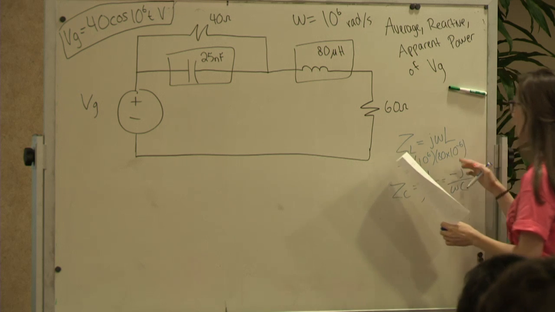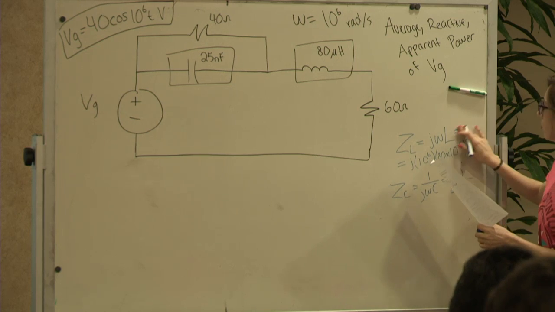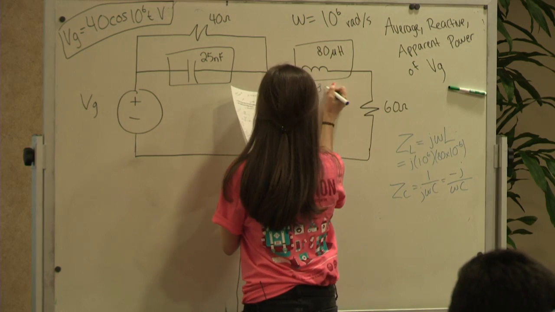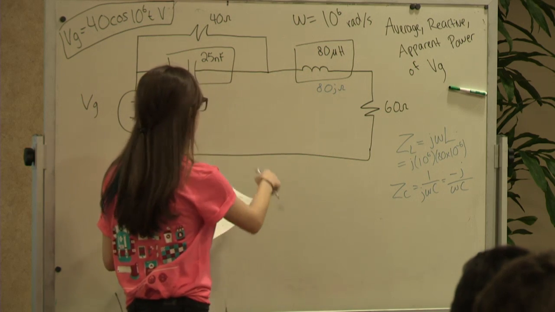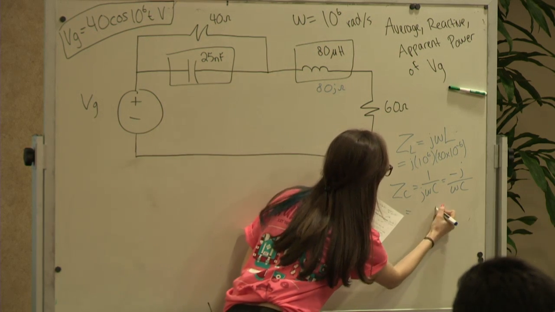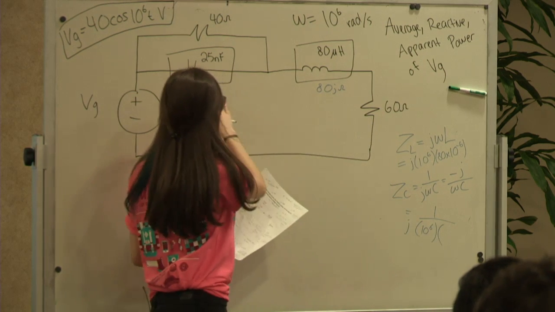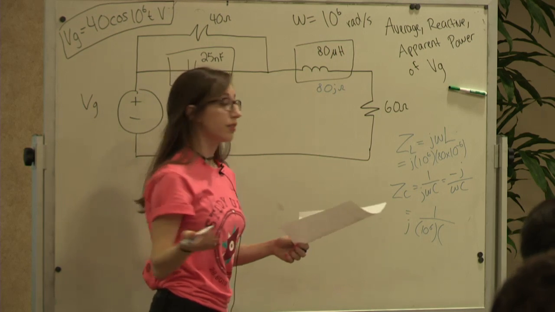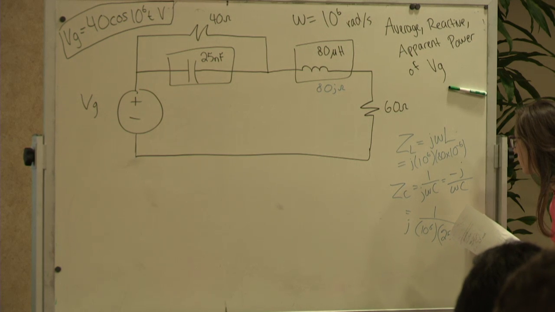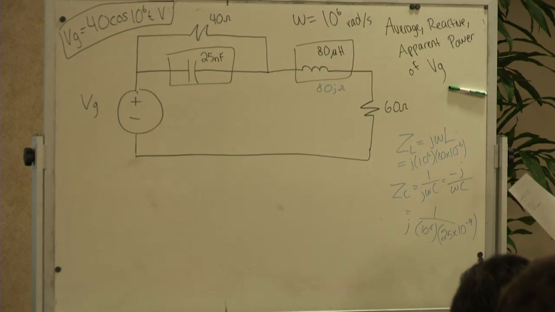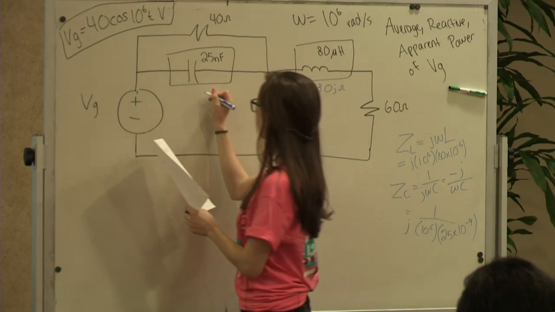So don't forget your units. That's negative 6. And that'll actually give you 80j ohms. And for ZC, it is 1 over j 10 to the 6th times 25 times 10 to the negative 9. And that'll give you negative 40j.